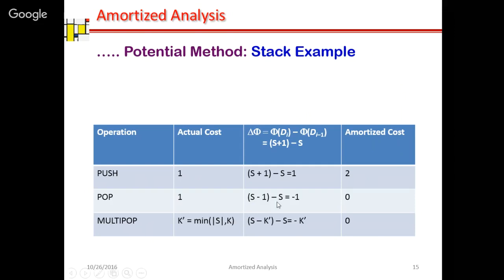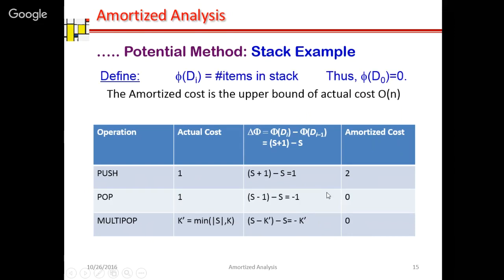You get to see what's happening. So 1 plus 1 is 2, 1 minus 1 equals 0, and the k and the minus k will also be 0. The actual cost is negative 1. So the amortized cost is an upper bound of the actual cost, which is big O of n.